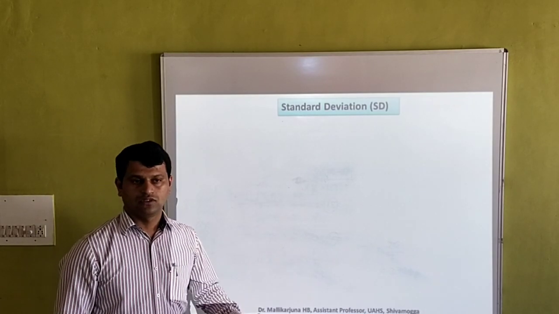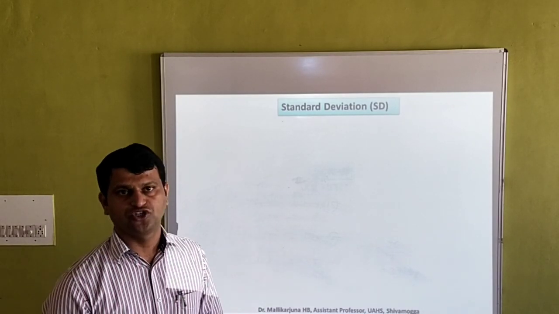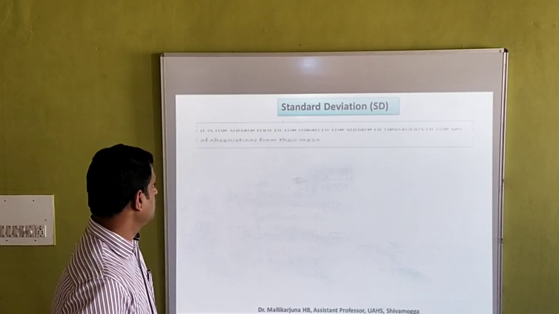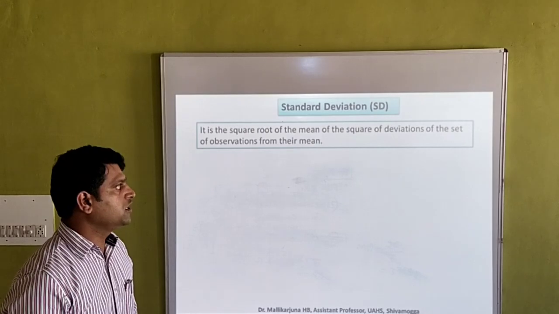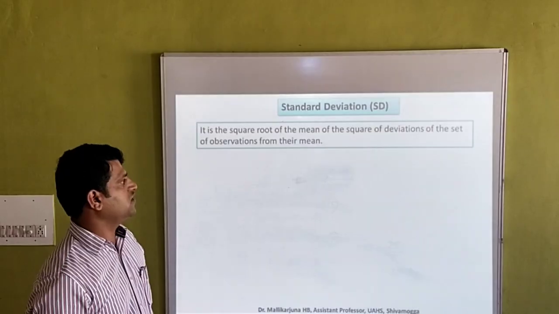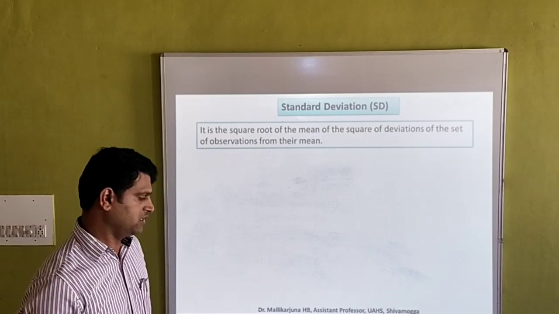Now come to another type of measure of dispersion, standard deviation, SD. It is the square root of the mean of the square of deviations of a set of observations from their mean.